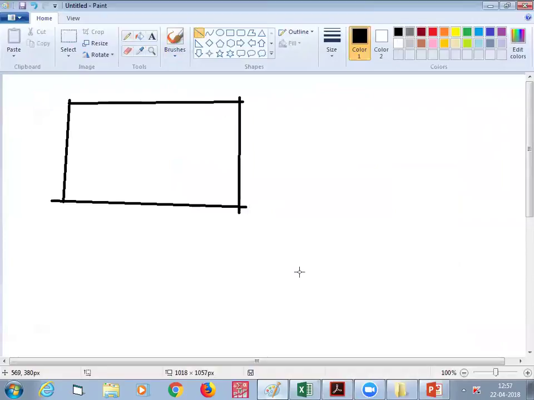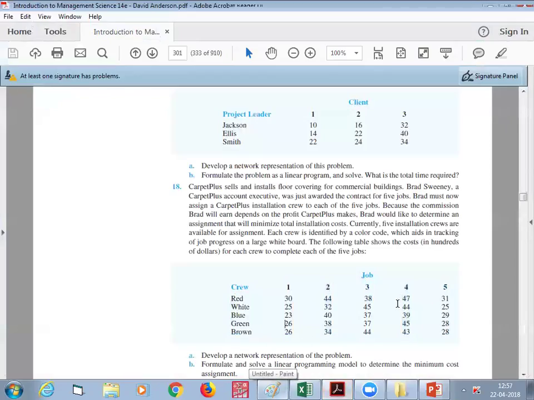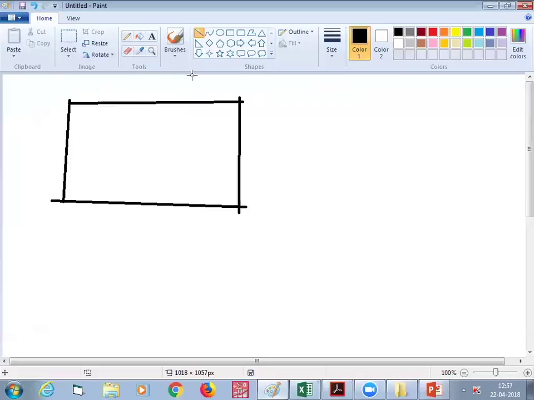Okay, since these are costs, directly we can do row reduction. In the first row, 30 is the least, so this becomes 0, 14, 8, 17, and 1. Right?